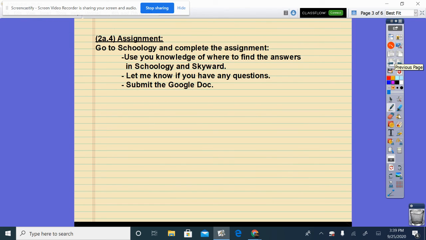So your assignment then is to go into Schoology and take a look at a Google Doc in there that asks questions you can answer by finding the information in Schoology or Skyward. For example, the first question is, in Mr. Farrell's Math Corner, what was the name of the pup of the day for episode number 3? So you're going to have to go to the updates section of Schoology, find episode number 3, watch it, and write down the name.